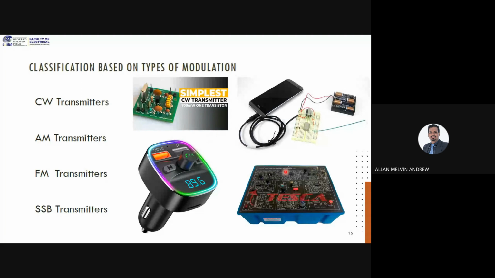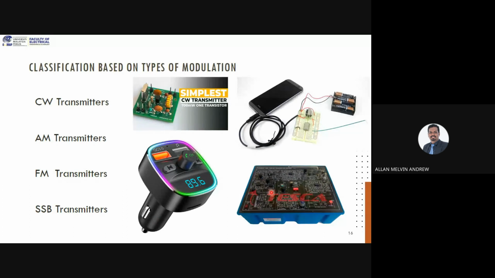Okay, and we know SSB, single sideband transmitters. We have seen in the previous chapters how single sideband is a very complex process. First you are removing one part of the sideband, then you are maintaining only one, and it becomes a single sideband transmitter.